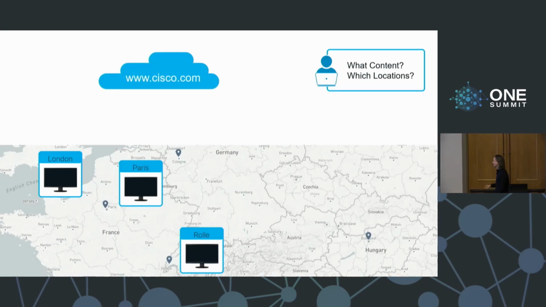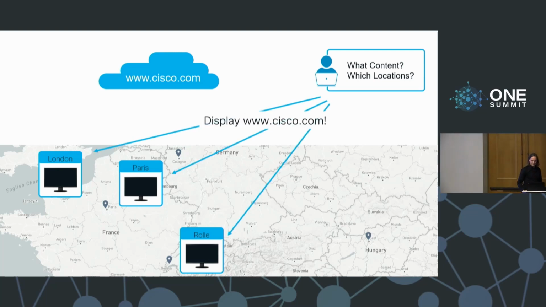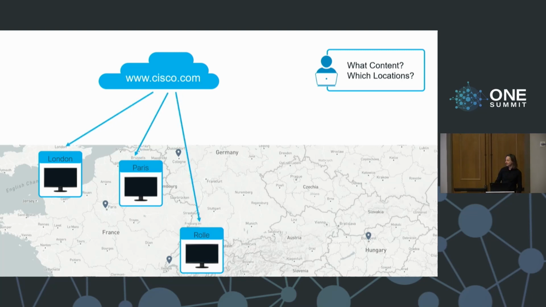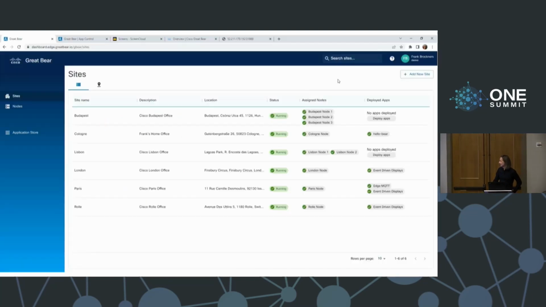You're specifying in some dashboard what content goes to which locations, and then these locations will fetch that state. Like I say, go and display Cisco.com. They'll fetch the request, and then they reach out locally, pull it, and render it locally.